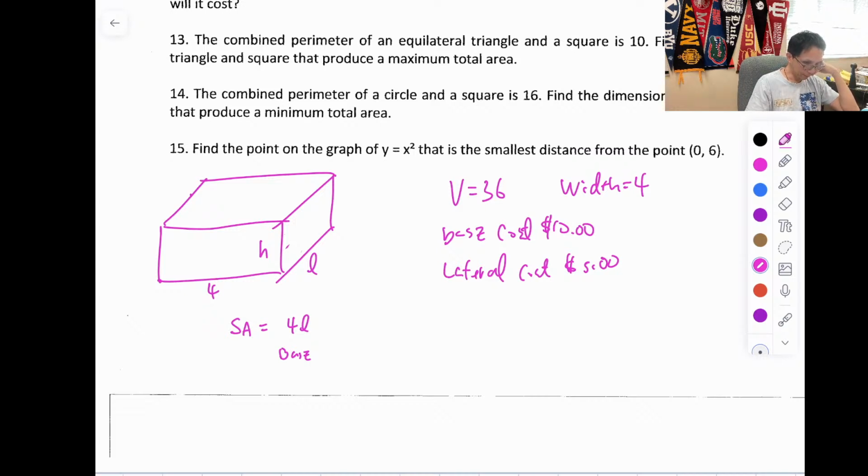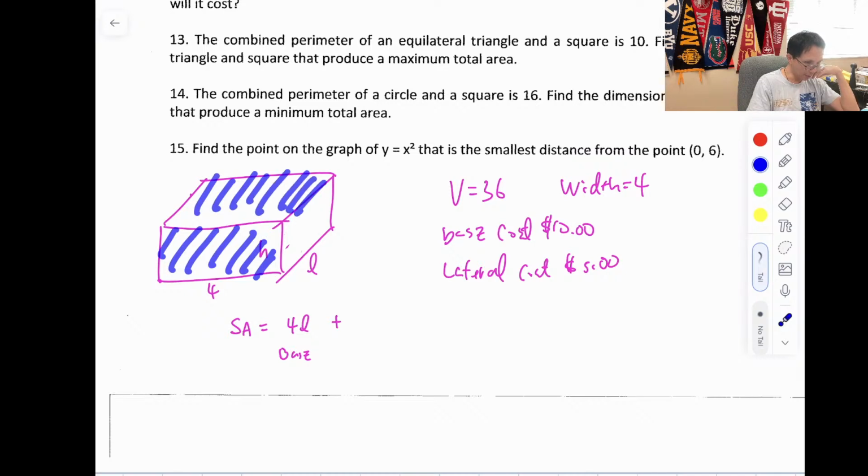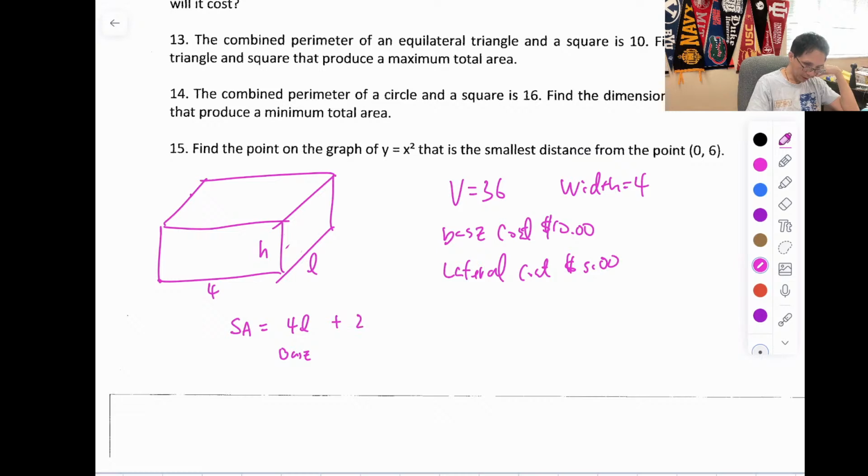How about the side? Plus what? 4HL? No, 2 times. There's a front and back, right? The front side is 4H, but the back side is also 4H. So they are 2 times 4H.